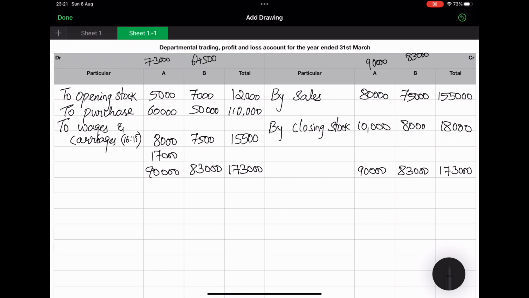If I minus 83,000 with 64,500, I am going to get 18,500. If I add both, I am going to get 35,500. So we are going to call this as gross profit. If credit side is more, we are going to call it as gross profit. Okay.